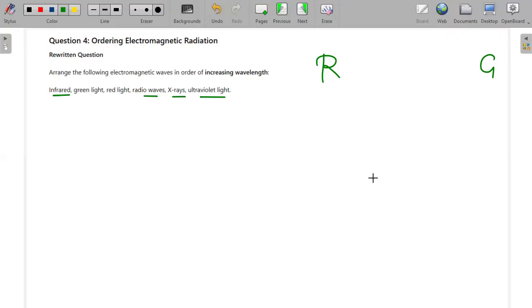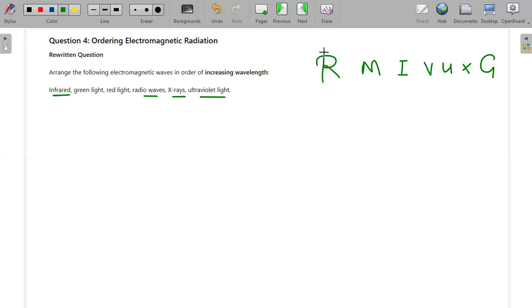The mnemonic was: Raging Martians Invaded Venus Using X-ray Guns. So the ones that are missing here are the microwaves and the infrared. Then from there you go to the visible light, then the ultraviolet, and then the X-rays. These are what are missing here.